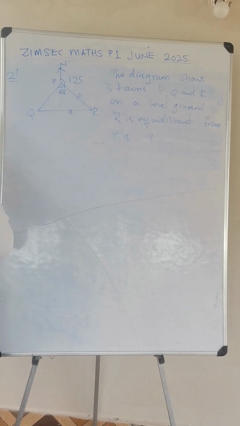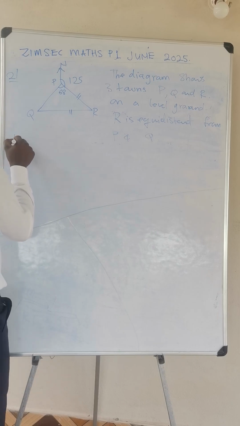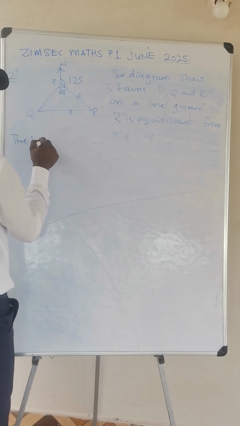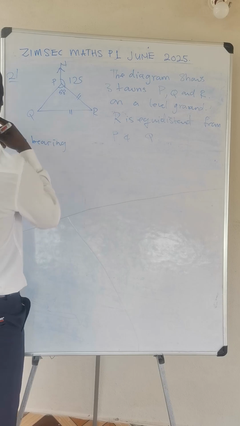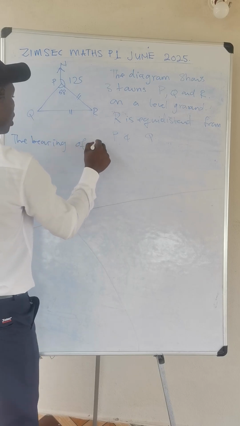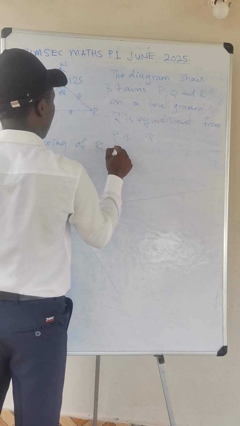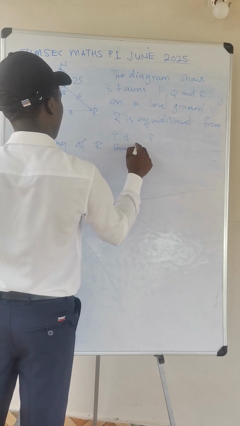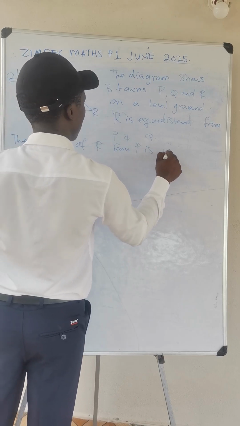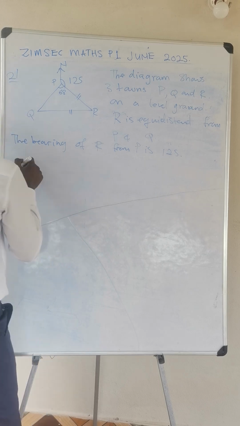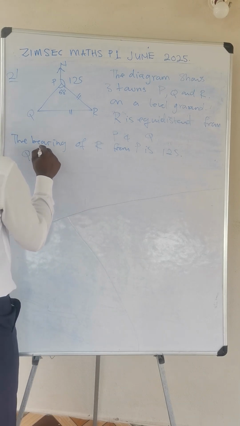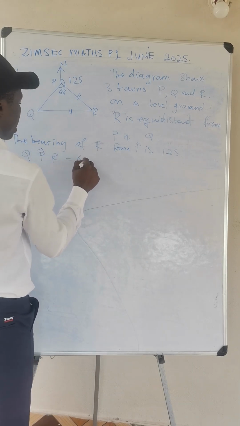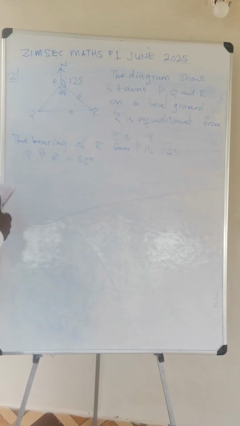So our first question says the bearing of R from P is 125. Angle QPR is equal to 68, as we are seeing on the diagram.